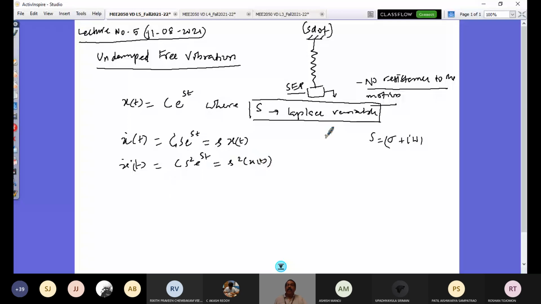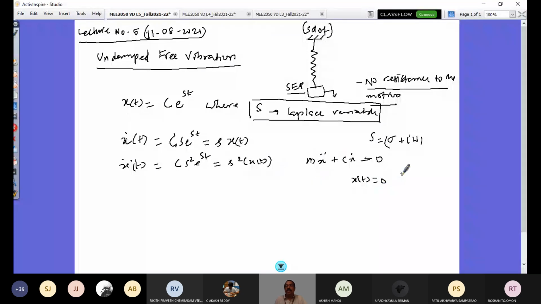Now you know the governing equation for this is m x double dot plus k x equals 0. So considering x of t is not equal to 0, I can substitute these into this equation.